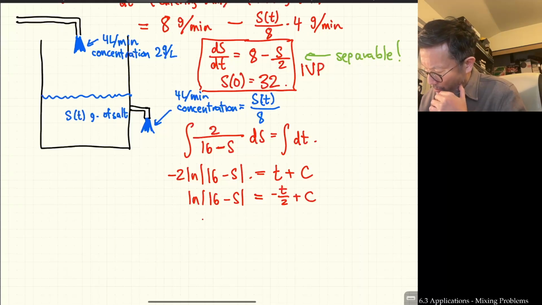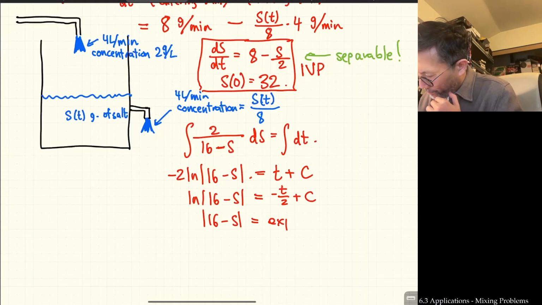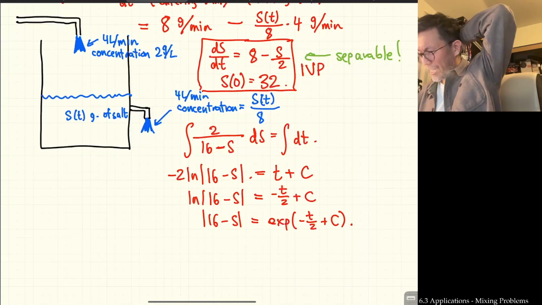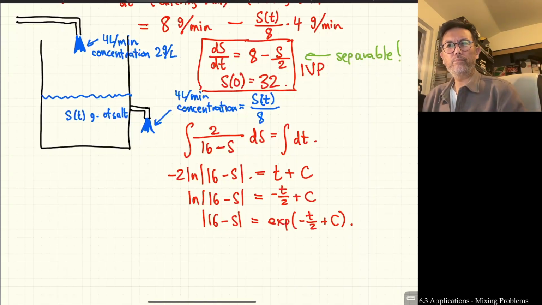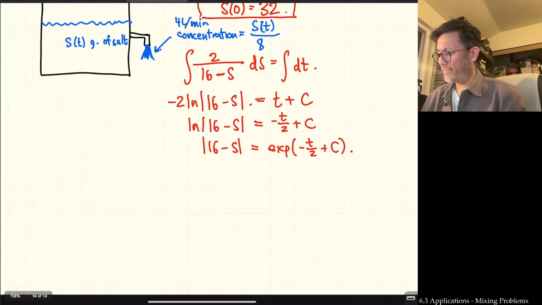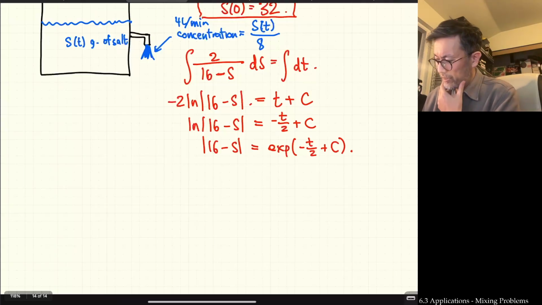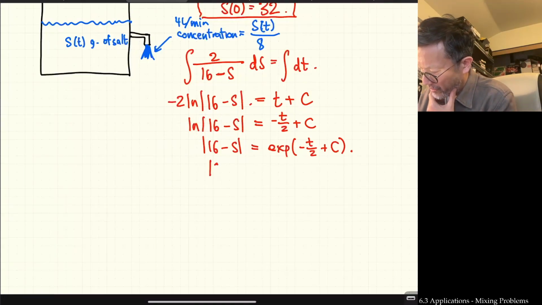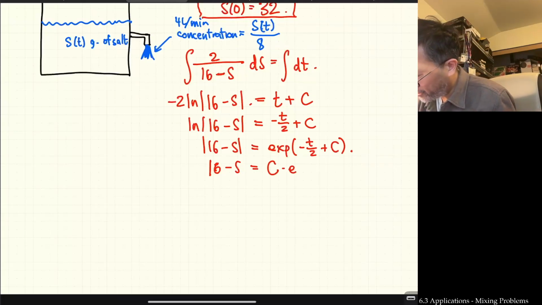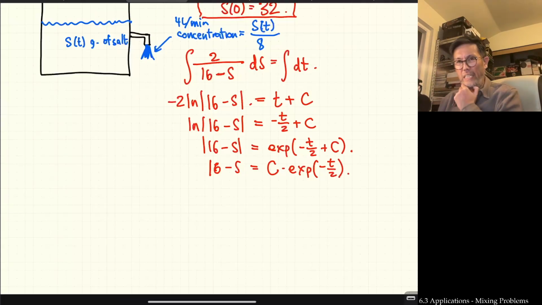And then I'll take an exponential. And then remember, exp of c is some constant, and then I plus or minus it, so I get 16 minus s is equal to, I'm just going to call it c, but now it's a multiplicative c out front, like this.